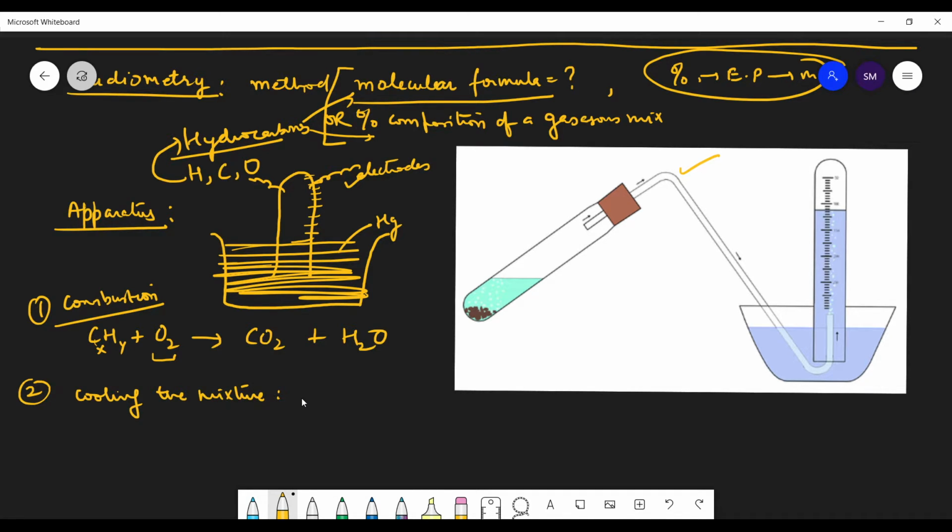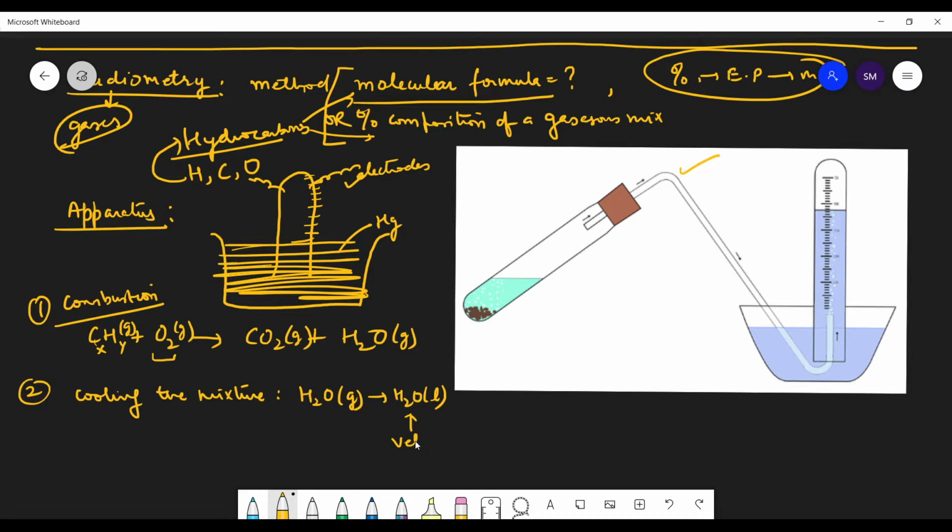Why cool it? So that H2O vapors will change to H2O liquid, because these will be produced in the gaseous form. These are all gases. Eudiometry is about gases. Is this clear? So now this gas is changed to liquid. What about its volume?